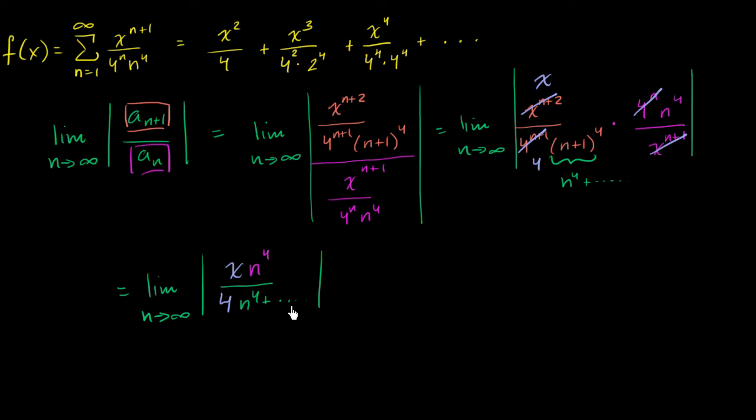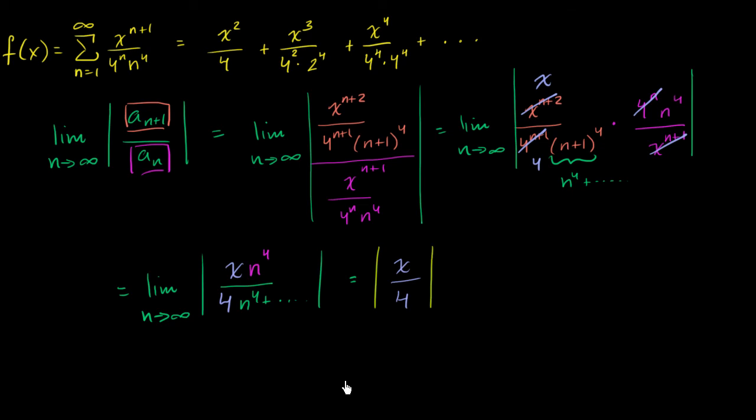So as n approaches infinity, all the other terms are going to go to 0, and all you're going to have left is a 4 in the denominator and an x in the numerator. So the limit as n approaches infinity is going to be x over 4. Or I should say the absolute value of x over 4. So it's going to be equal to the absolute value of x over 4.